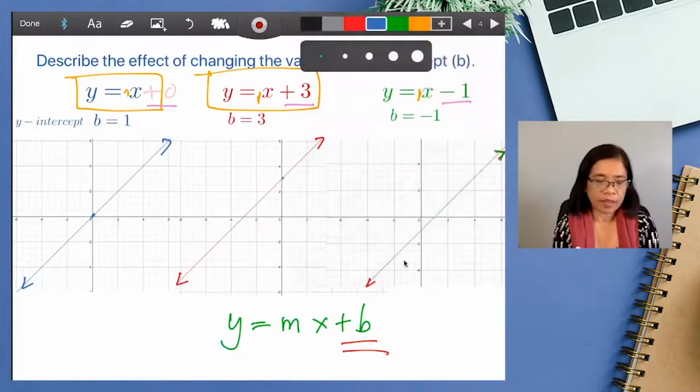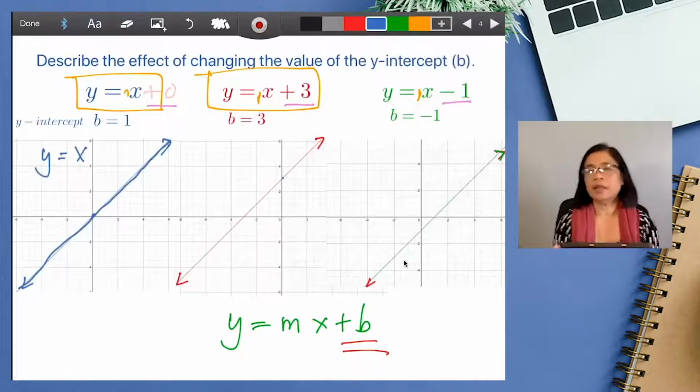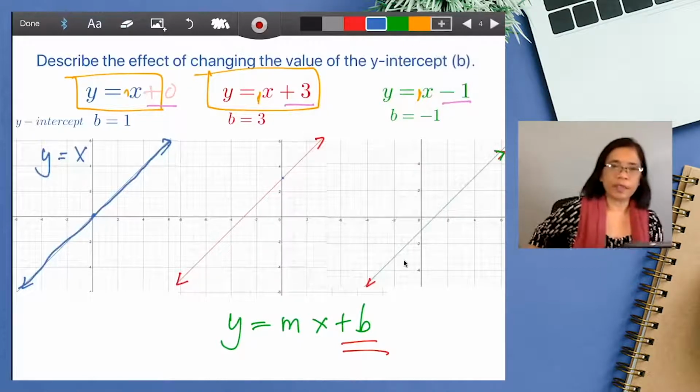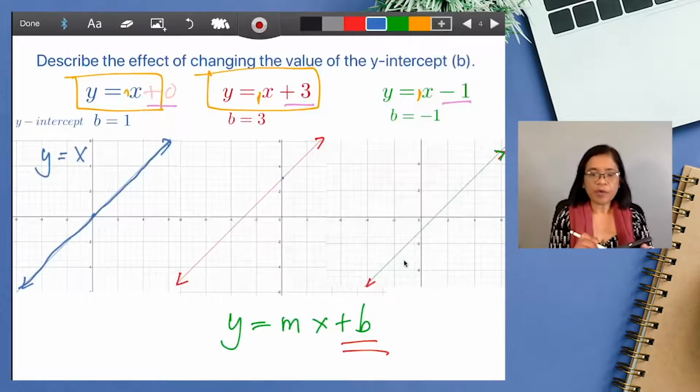So this first line is the line representing y is equal to x. This is the same as the original parent function we had in example 1. Next, if we change the value of b from 0 to 3, in the blue line, when x is equal to 0 and y is 0, notice that this point on the y-axis has been moved 1, 2, 3 units up.